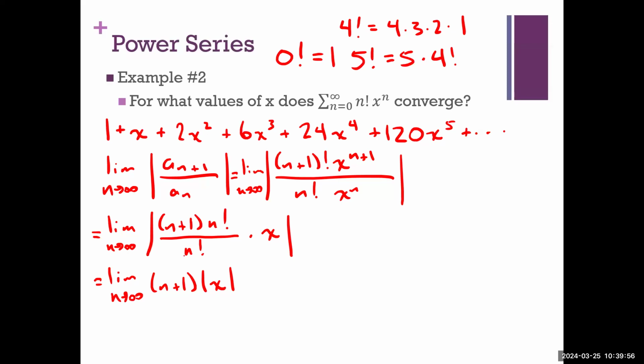I want to know where this converges, right? So the ratio test has to be, what do I need the ratio test to give me? I need this to be less than 1, right? How could that happen?